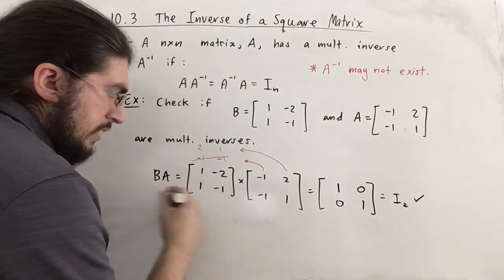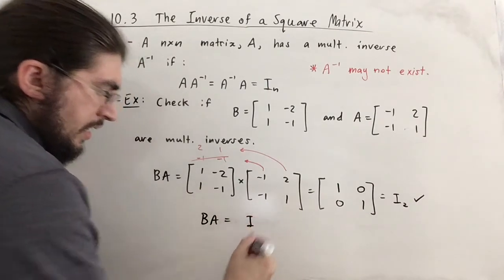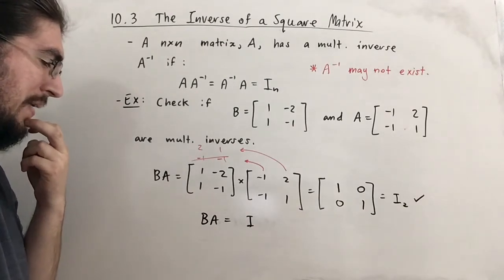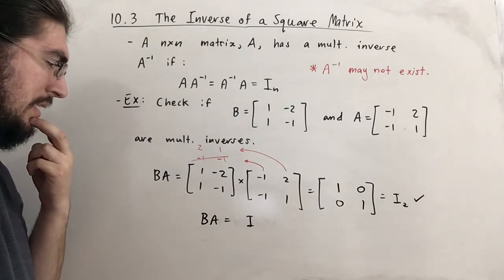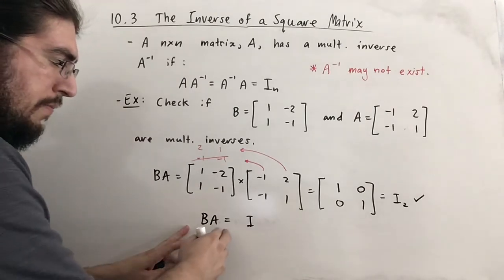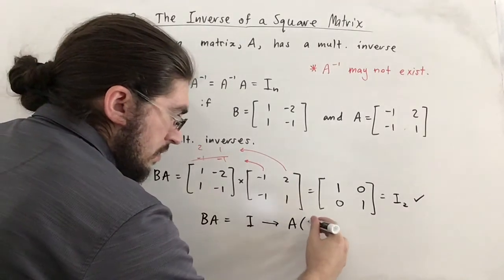Let's say we know that B times A gives us the identity. If we multiply both sides by A and B on the left and right respectively, then we'll get this.